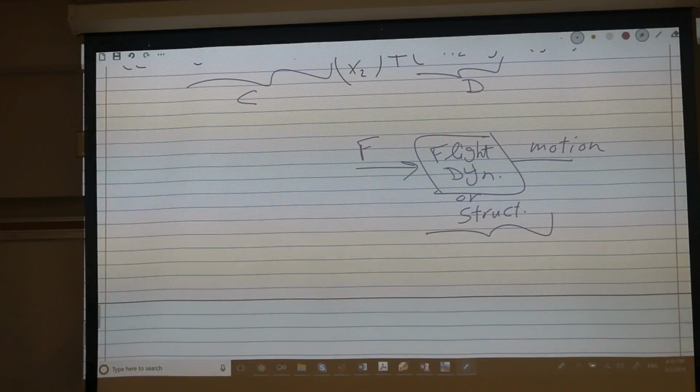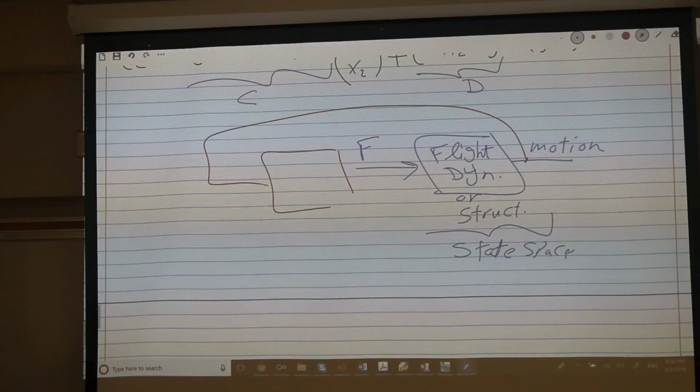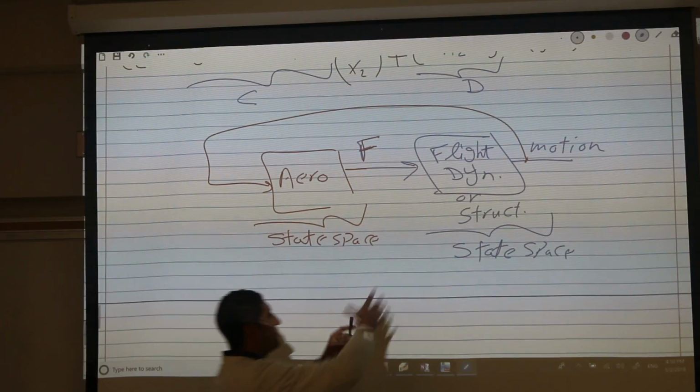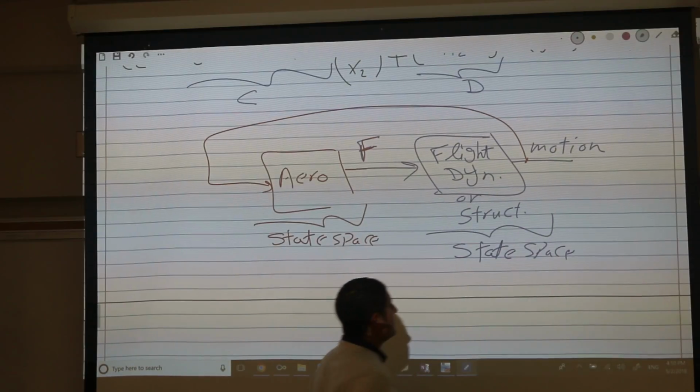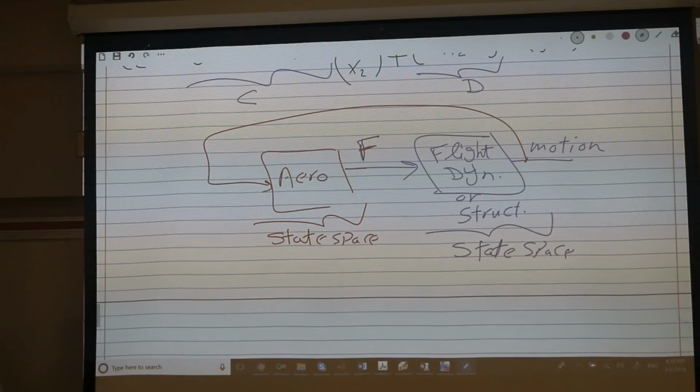We already have a state space model here, built in 175 or whatever class. Now we're feeding this motion to our aerodynamic system, getting the forces out of here. Now we just build a state space model for this. So next lecture we will combine both of them, not for flight dynamics but for a wing structure, to have a big state space model.